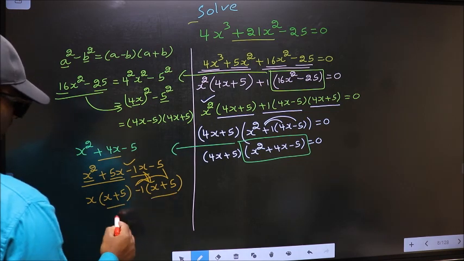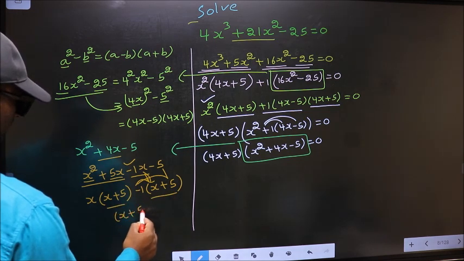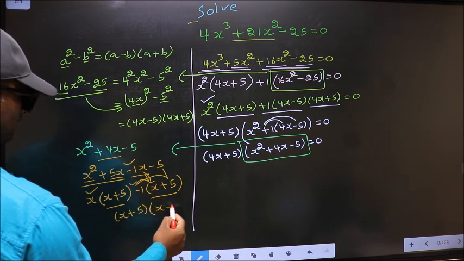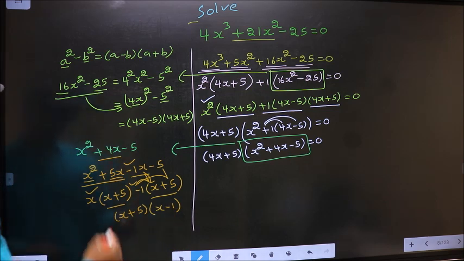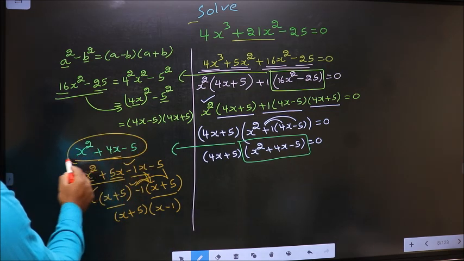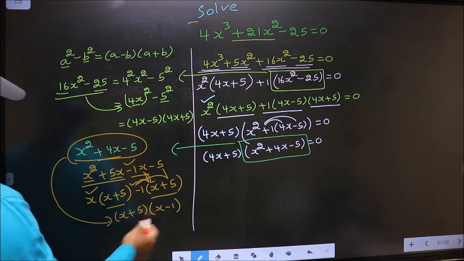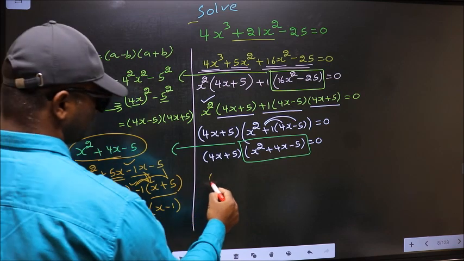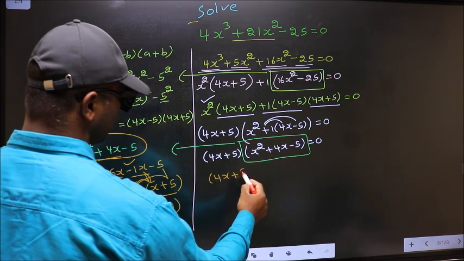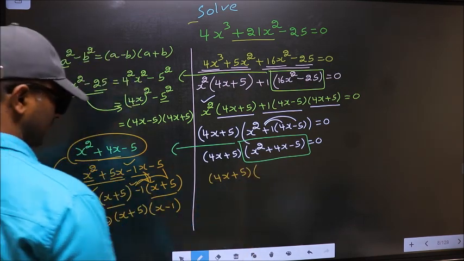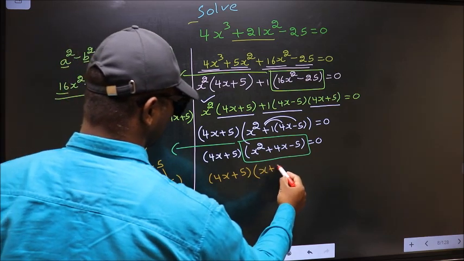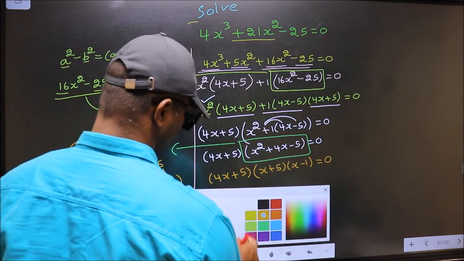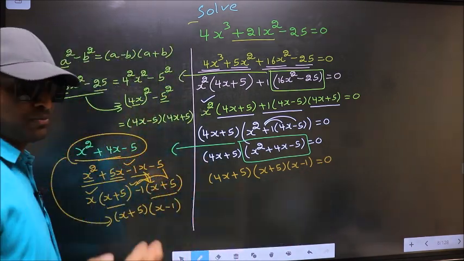Now take out (x + 5) common. So here you have x and here -1. Now in place of this quadratic, we write this over here. So this equation will become (4x + 5)(x + 5)(x - 1) = 0.